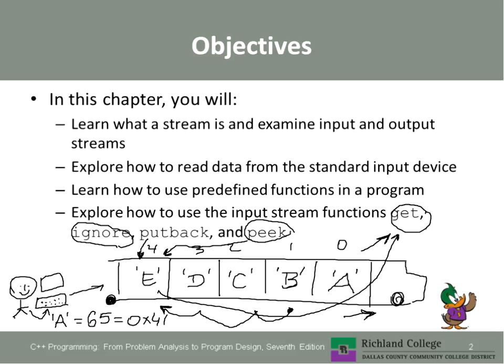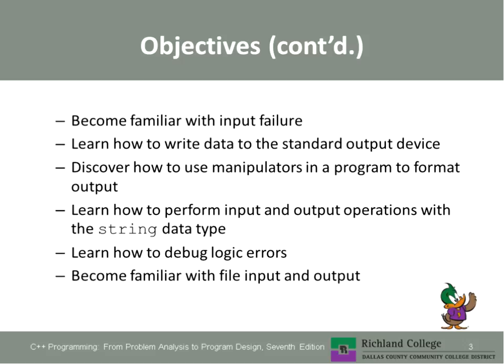So think about whatever you do on the keyboard, it's all going to be in one long string, and that's what we're going to be focusing on in this chapter, that one string. We need to figure out what happens if the user types in something that we are not expecting, and how we handle that error condition. That's what we call the input failure.